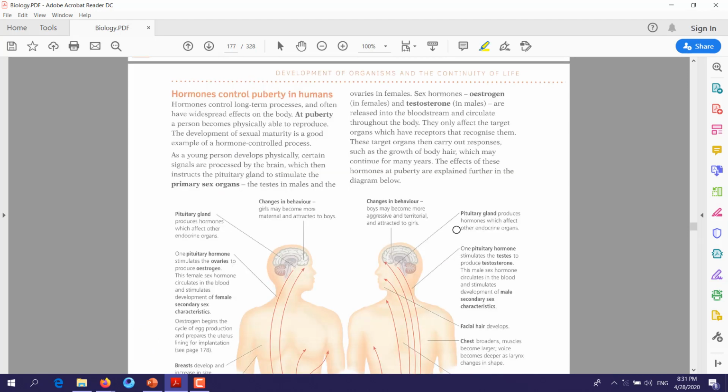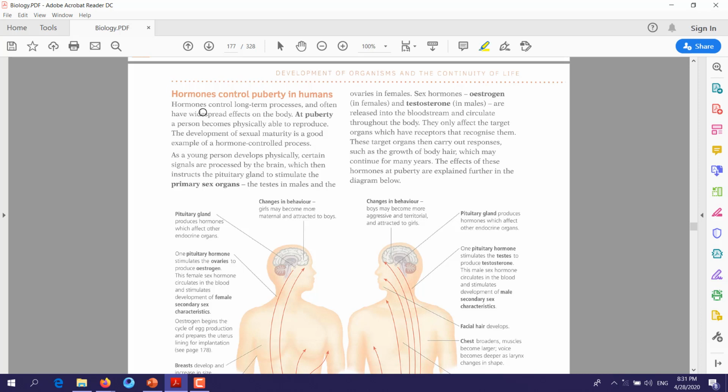Hormones control puberty in humans. What do you mean by puberty? It's a stage in our life cycle in which we will be able to reproduce. This ability to reproduce is controlled by specific hormones.